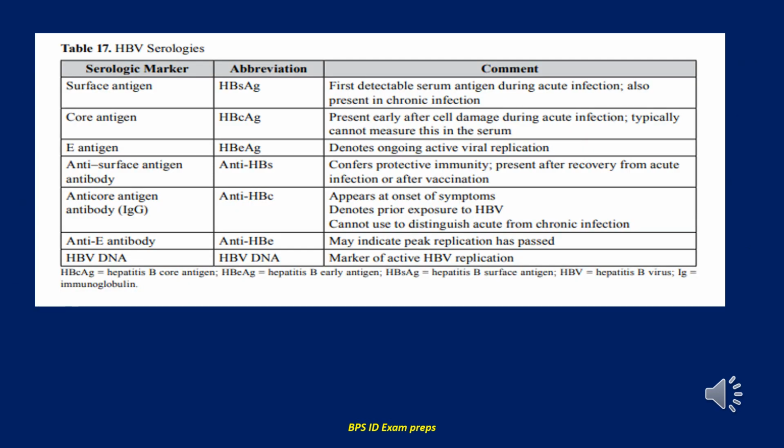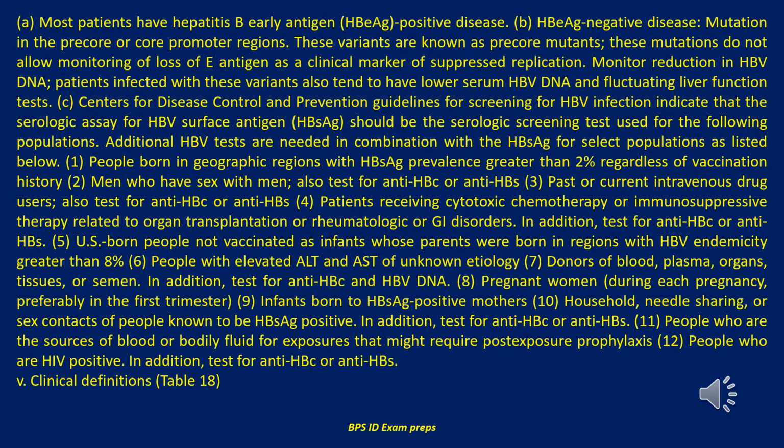Pause the video and carefully scrutinize Table 17 summarizing HBV serologies. A. Most patients have hepatitis B e antigen (HBeAg) positive disease. B. HBeAg negative disease, mutation in the pre-core or core promoter regions.